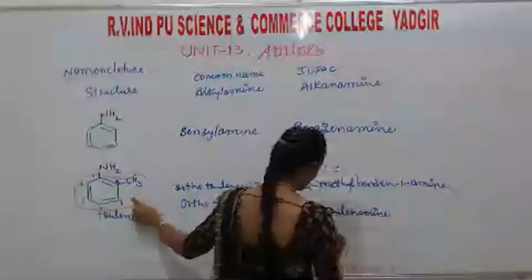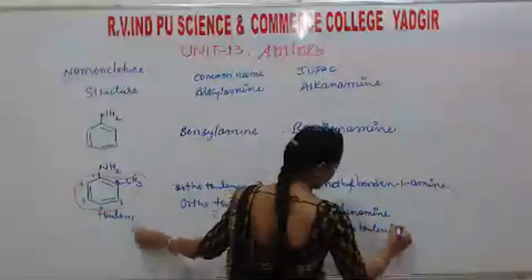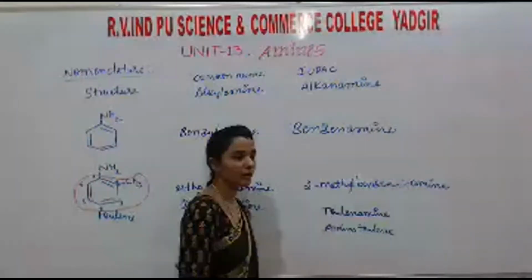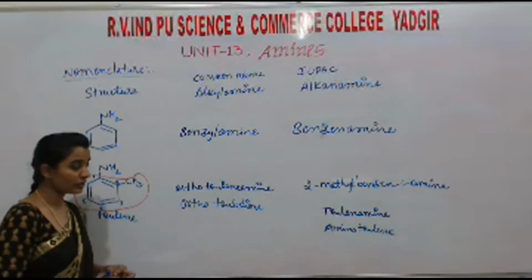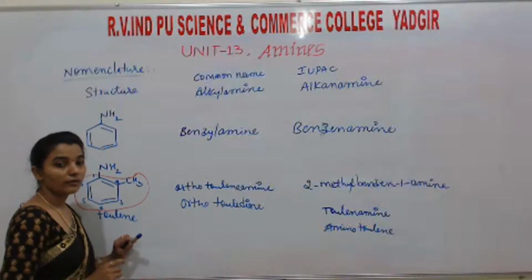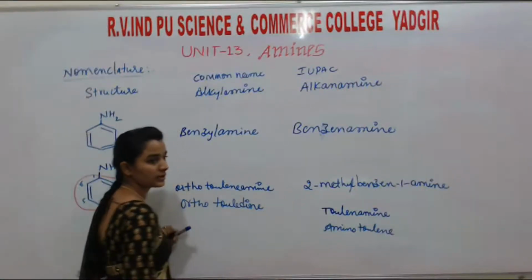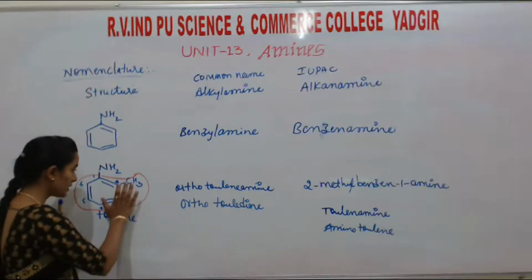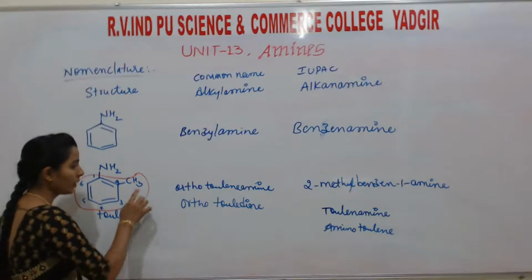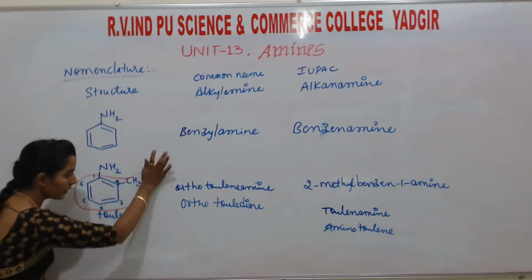You may write it as aminotoluene also. Toluene is the correct answer. You may write it as aminotoluene also. Okay, students? When we consider them as functional groups and substituents, the name follows this. When we consider this complete compound as a CH3 group, then it is named toluenamine. So listen students, another possibility is there.